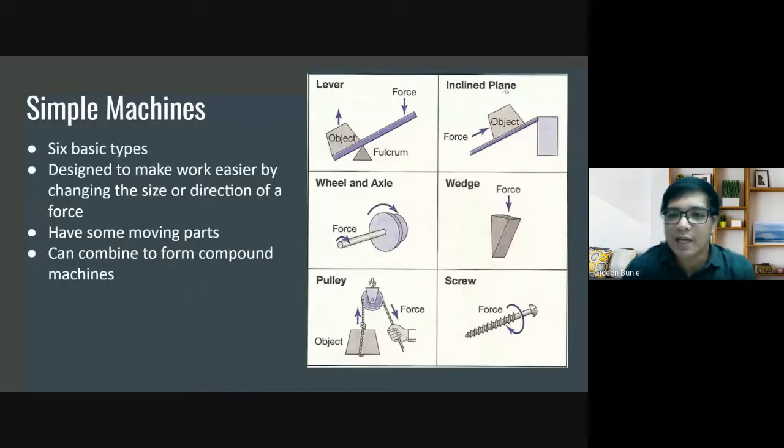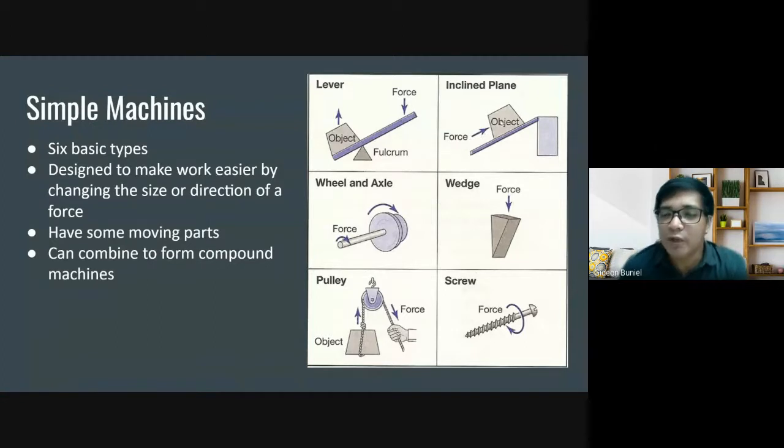And on the other side, we can see here the inclined plane. This is commonly used when you work in grocery stores, for example. The workers also use an inclined plane to push or move objects from one place to another. So we have here the force.